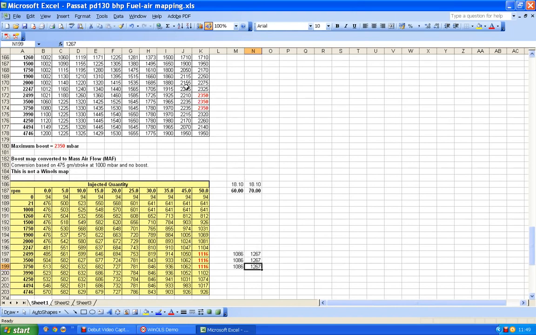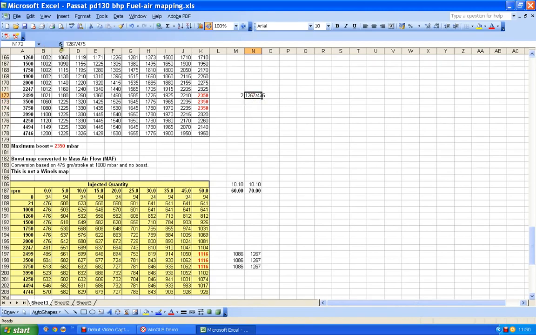And so there's the boost above me, so I'm going to go to there and I'm going to say, right, what is that number, 1086 divided by 475, and it's 2, which clearly it isn't. And then I'm going to say in there, what is this number, 1267 divided by 475. Enter.